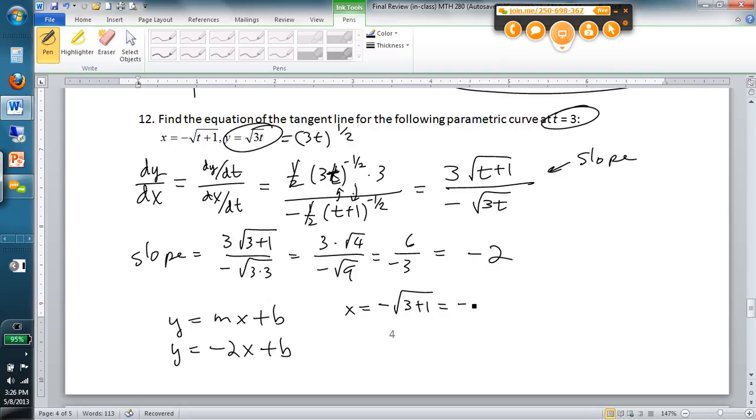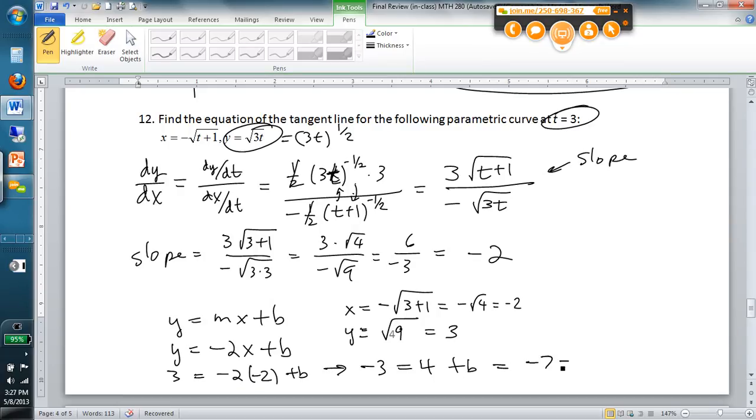That's negative square root of 4, that's negative 2. And the y at t equals 3 would be square root of 3 times 3, that's square root of 9, which is 3. So I can figure out b then. y is 3, x is negative 2. Hey, that's 3 equals 4 plus b. That's negative 1 equals b.